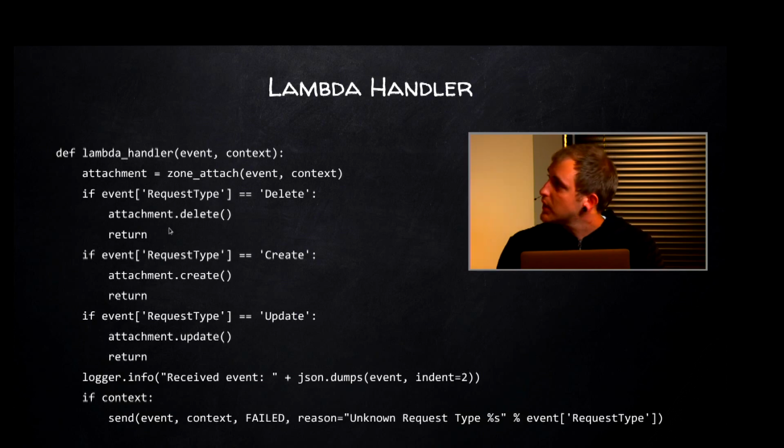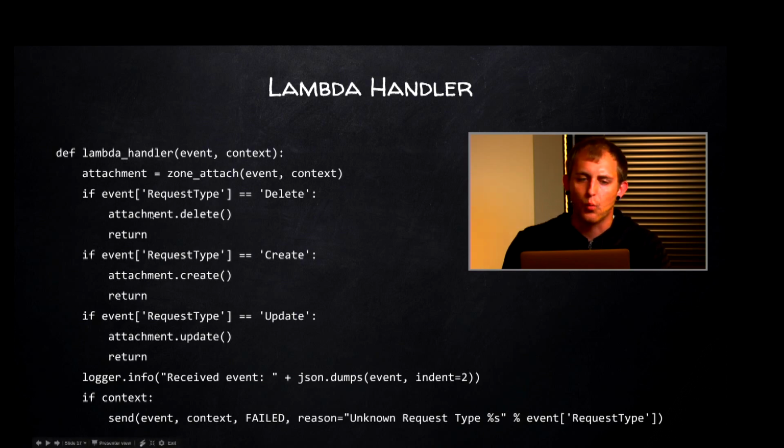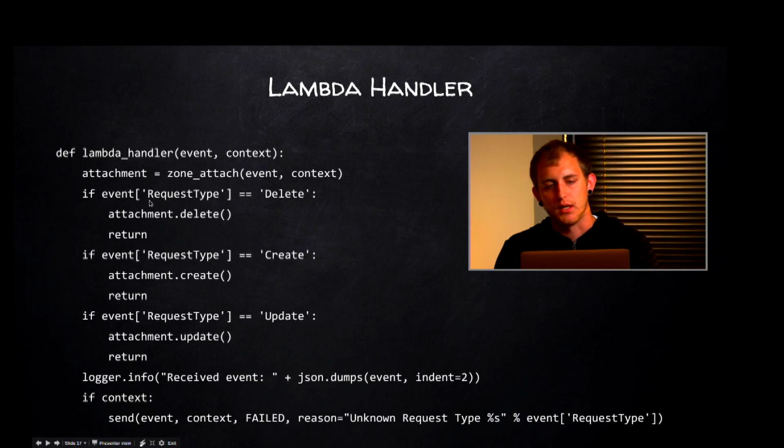So in this handler, what we're doing is initiating an object. That object is called zone attach. We're calling our variable attachment, and then looking to see what type of event we have. CloudFormation has a special event. I think I've got an example of it coming up. But one of the attributes of that event is request type, and that's going to be delete, create, or update.